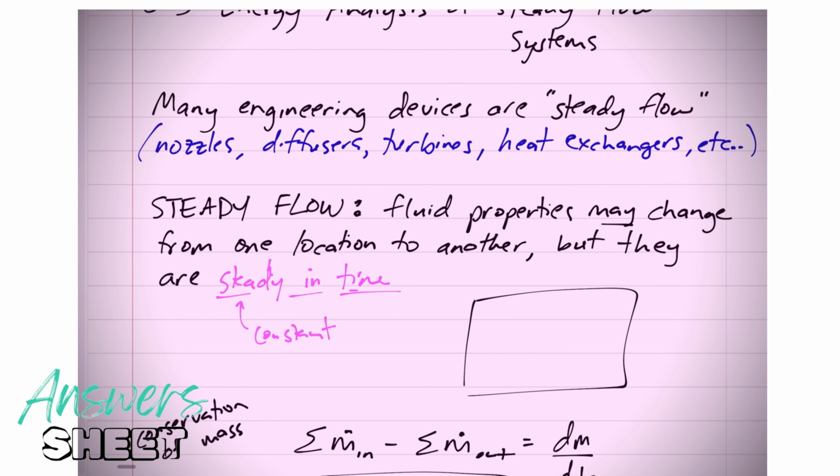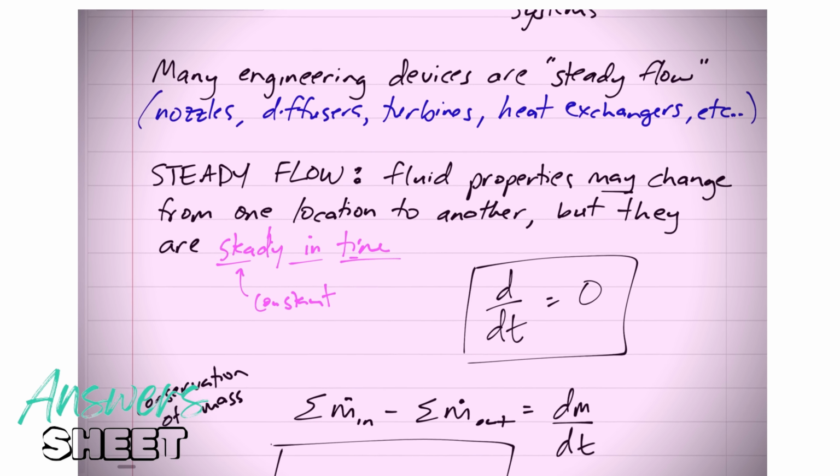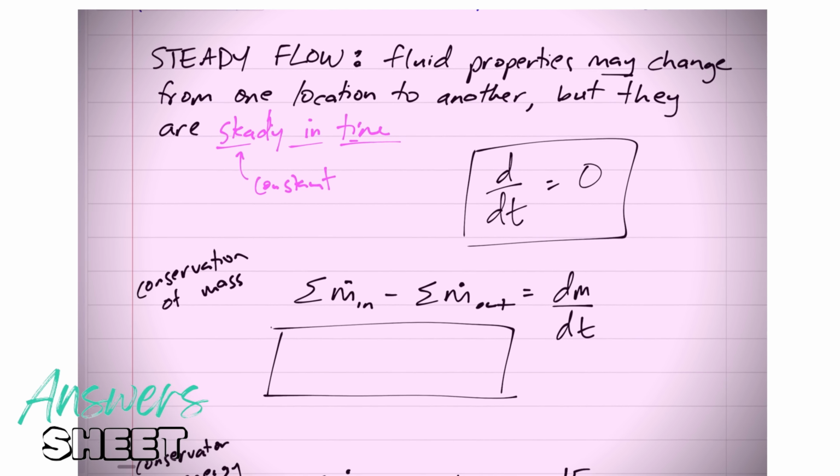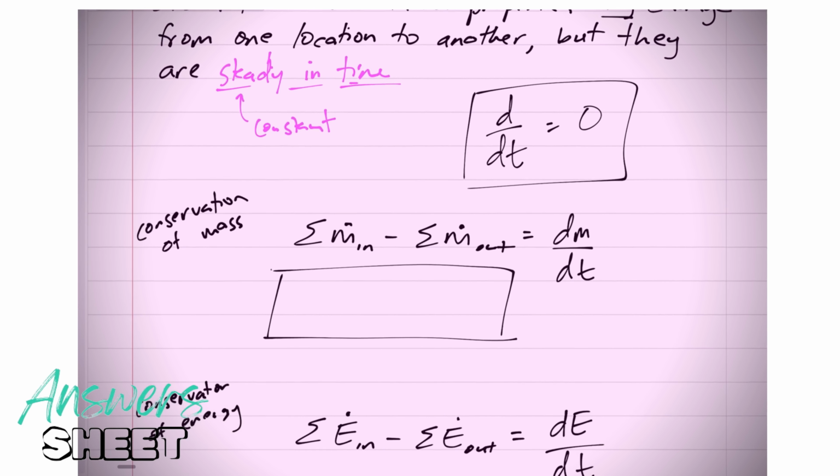They don't start at one value and then, after 1 hour, have a different value. Their derivatives with respect to time would be zero. If they're constant in time, then their d/dt will be equal to zero. They're not changing in time.